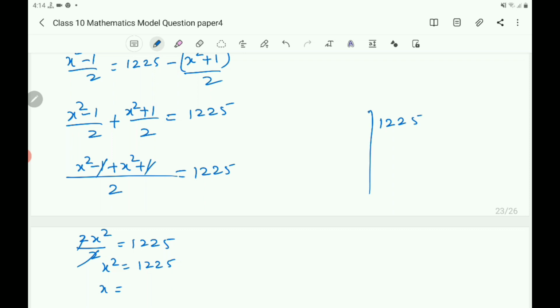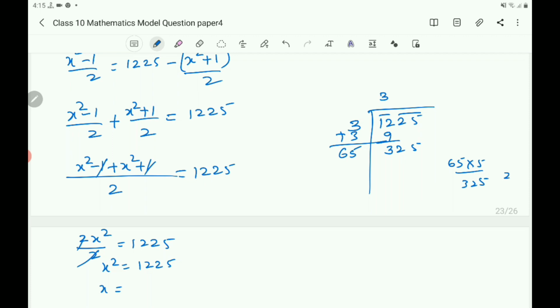Use the division method, make the grouping. The nearest perfect square is 3. 3 threes are 9, and 3 is remaining, 325. Add 3 here, 3 plus 3, 6. You know that 65 into 5: 5 fives are 25, 5 sixes are 30 plus 2, 32.